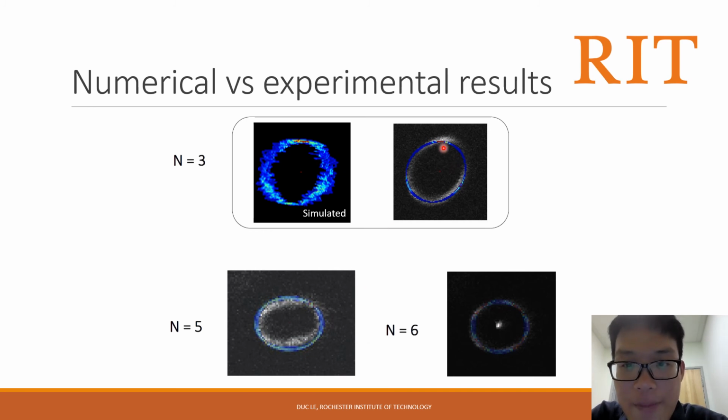And we tried to overlap it with the experimental results that we received from our collaborator. And as you can see, the numerical orbit matches very well with the experimental result, with the same diameter and the distribution of the ions across that orbit.